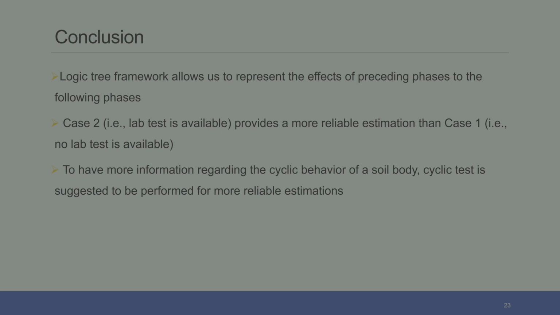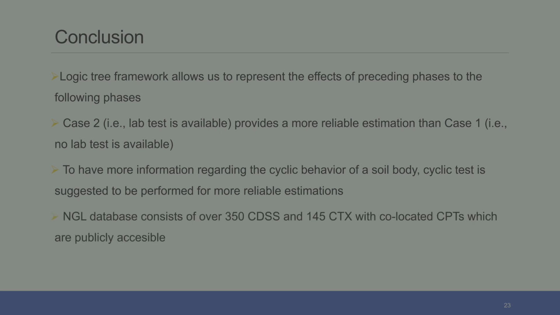When we have more information coming out from the cyclic test results, it is easier to understand the behavior of the soil body under the cyclic loading. And also, I just wanted to mention that we have over 350 cyclic direct simple shear results and 145 cyclic triaxial results, which are currently increasing with more data being entered.